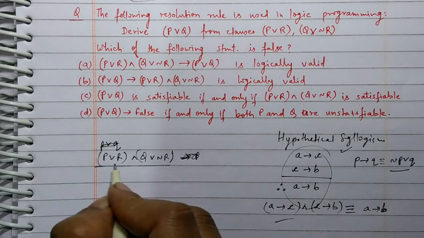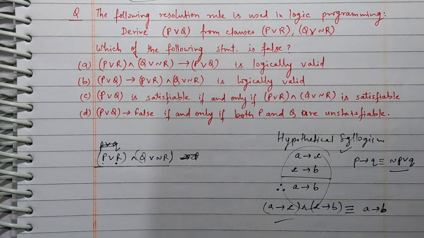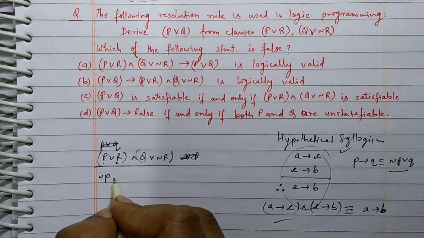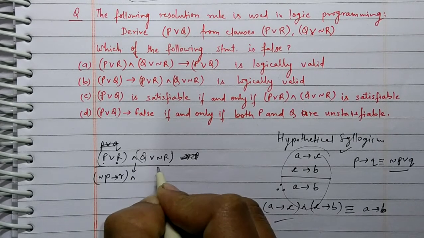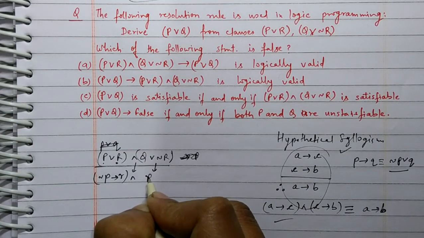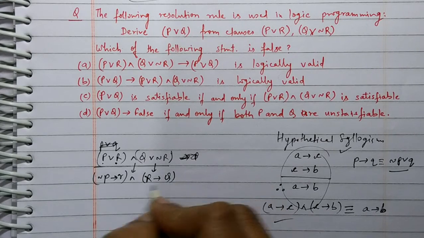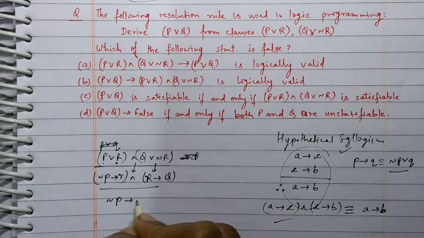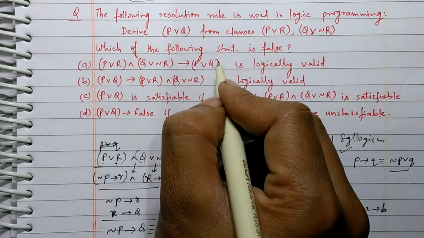So I can write P or R as not P imply R. We will copy this and we can write this as R imply Q. Using hypothetical syllogism, in this not P imply R, R imply Q, we can write not P imply Q, which is equal to P or Q. So it is equivalent to this RHS.